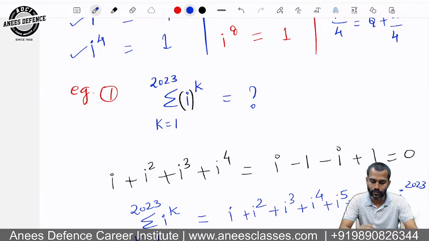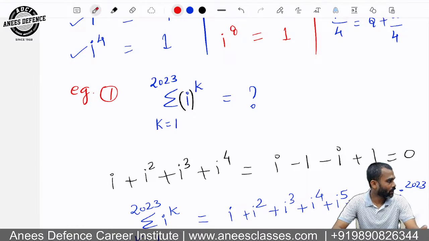Yes or no? Is there any doubt? Okay. So you already know the sum of 4 consecutive powers of iota is 0. So from 1 to 2023, how many terms are there? How many consecutive powers of iota are there?